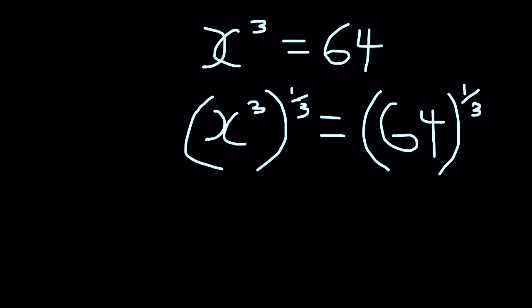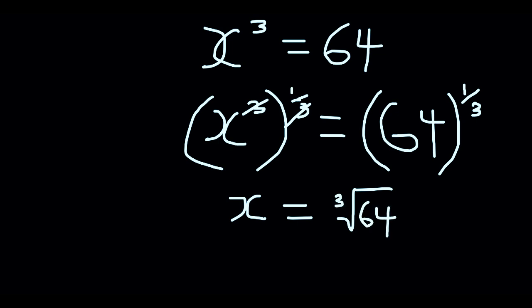So from here, this cancels this. We then have x equals the cube root of 64, which then gives us 4 as our final answer. So x equals 4.